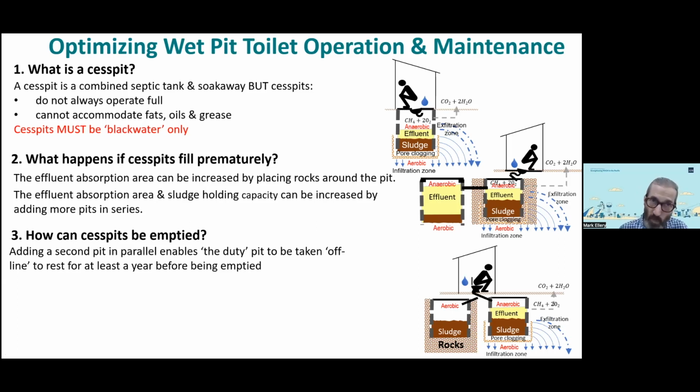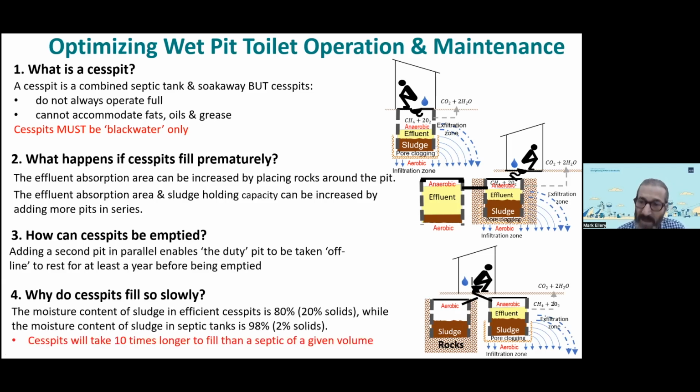It's recommended that you then bury that or turn that into the soil. But you see, again, it's the introduction of the aerobic bacteria into a pit once it's taken offline, and the drying of the sludge, that enables the pathogens to be neutralized in that offline pit.